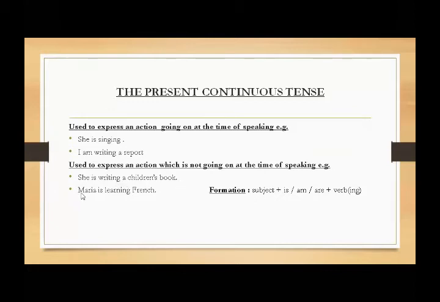I hope you have understood that not every time is she writing the book, but continuously she is writing a book, and at the time of speaking she is not writing it. Then Maria is learning French. Sometimes in the evening or in the morning she is learning French, but at the time of speaking she is not learning. But we will express it in the present continuous tense.